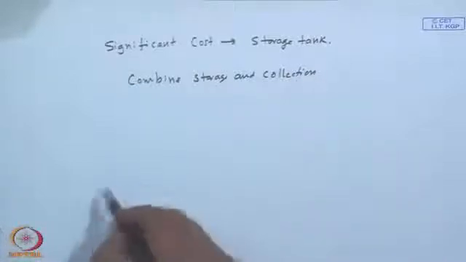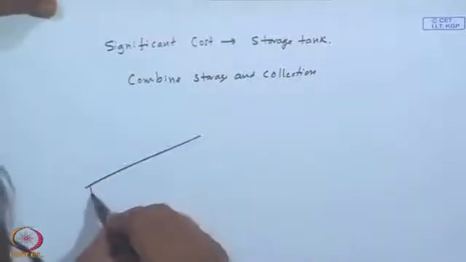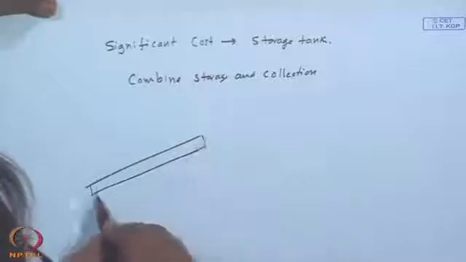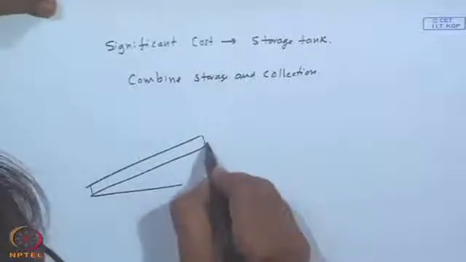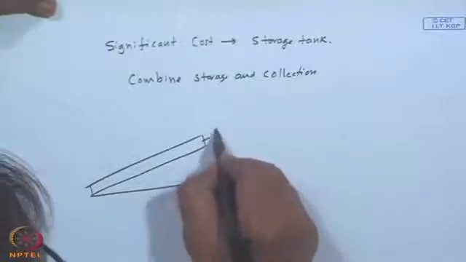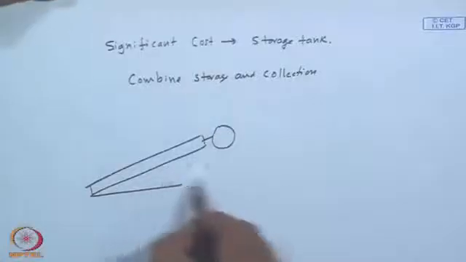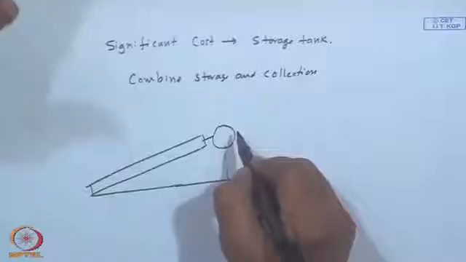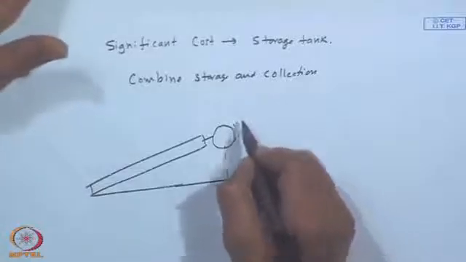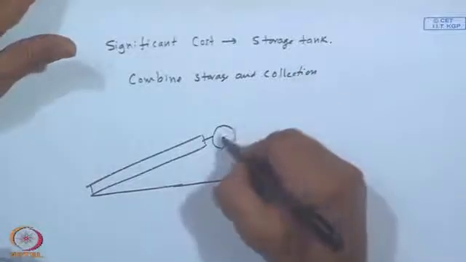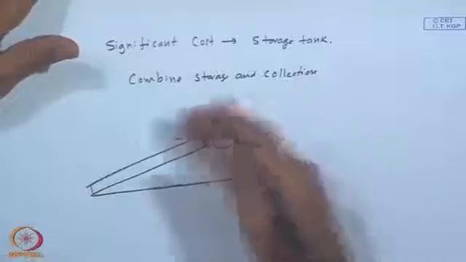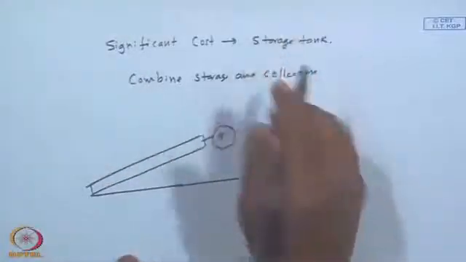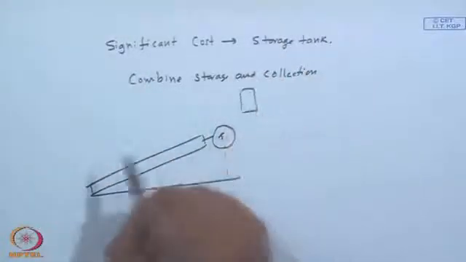Of course, there are some designs which say that storage and the collection are combined with a tank joined with this. This is really not combining the storage and collection, only the tank is kept near the collector instead of somewhere vertical, something like this.